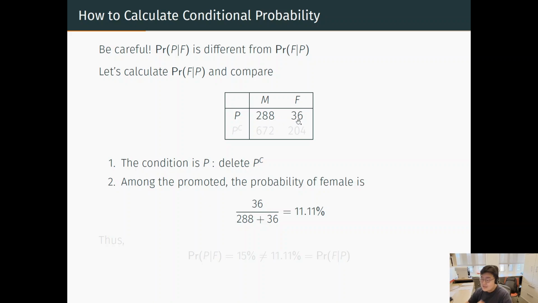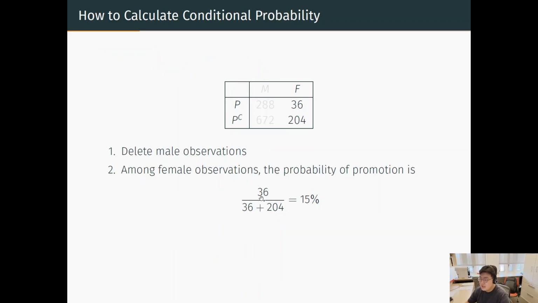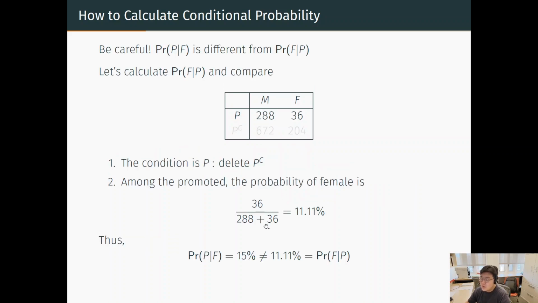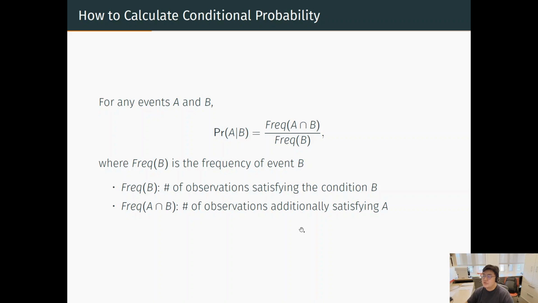So in this case, again, the numerator is the same, 36 as before, but the denominator is now the sum of these two, not these two. So as a result, it's different, 11.11%. So as you see, P given F is different from F given P. They are different, pretty important.